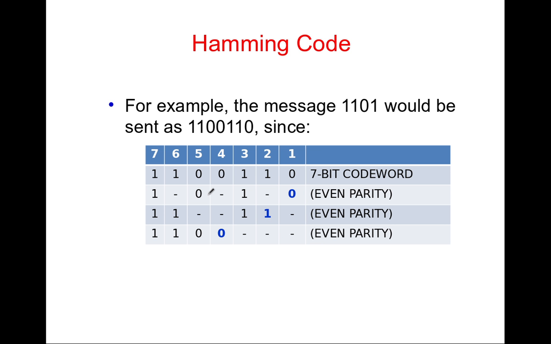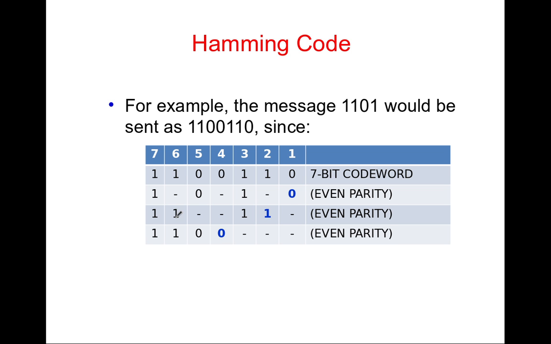Now here we'll take one example. The overall code of 7 bits was like this: 1100110. It's a 7-bit code. Now in the previous logic, the check bit at 1 will be calculated based on 3, 5 and 7. They already have 2 ones, that's why the parity bit will be 0 to maintain the even parity.